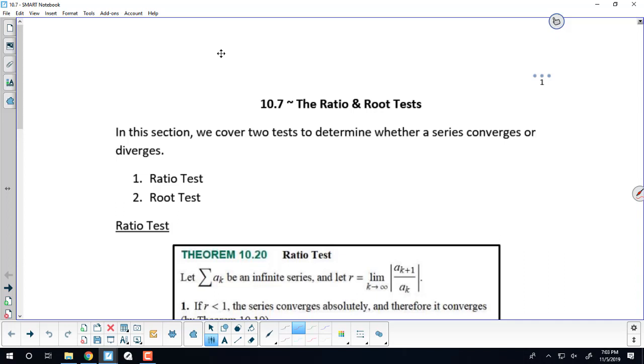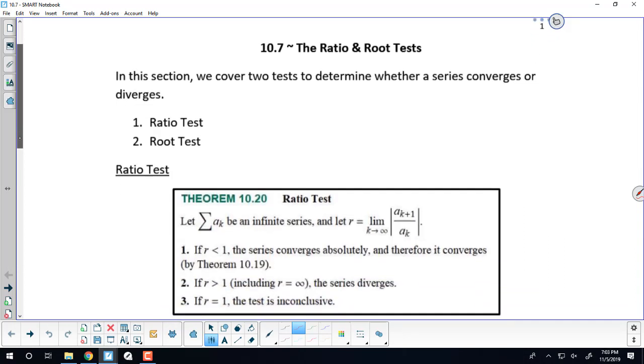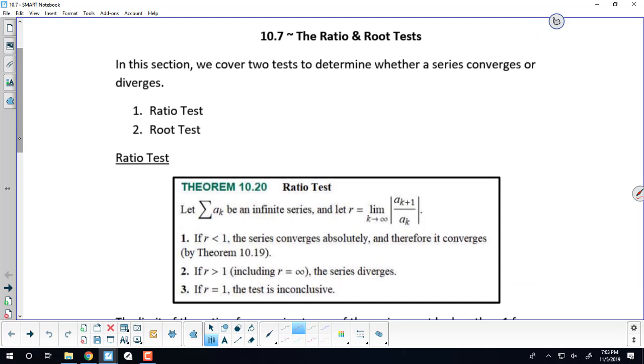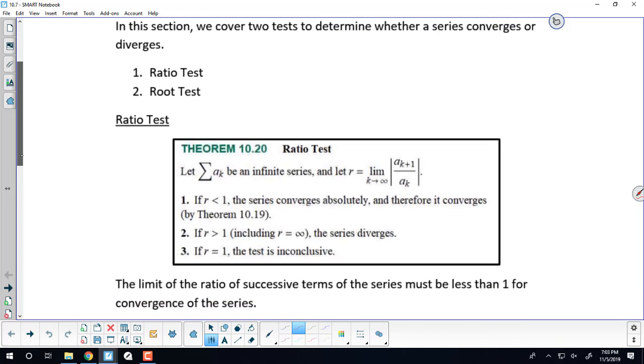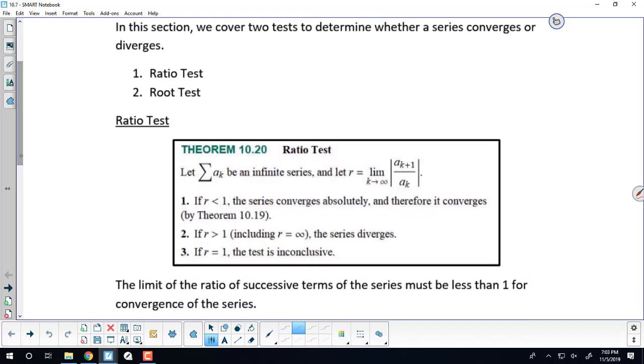Final two tests in 10.7 we're looking at are the root test and the ratio test. And for these two, we're not going to restrict it to positive terms only. These two tests will be presented in terms of absolute value, because if something converges in absolute value, then it converges.